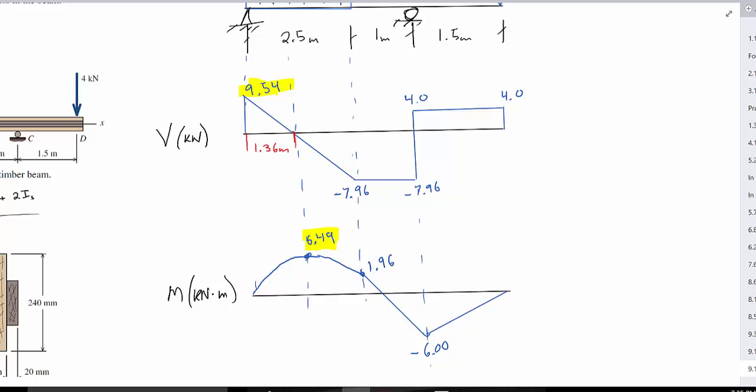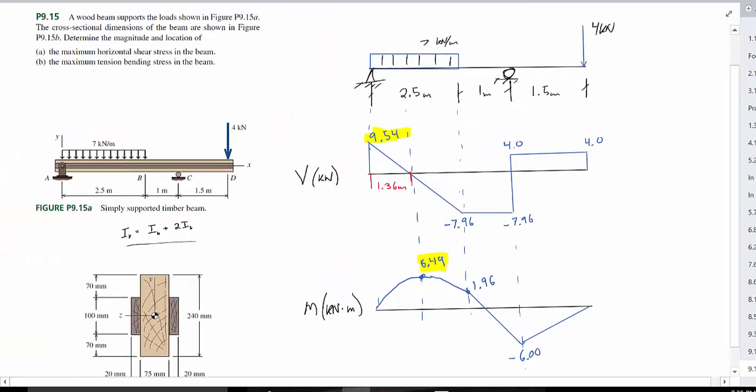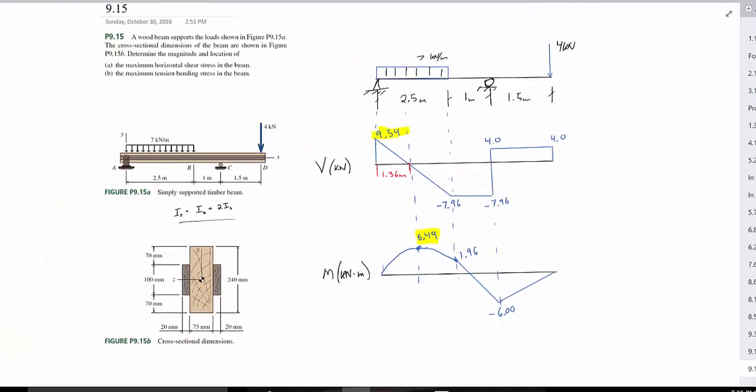So the next thing that we can do is determine what our moment of inertia is going to be.